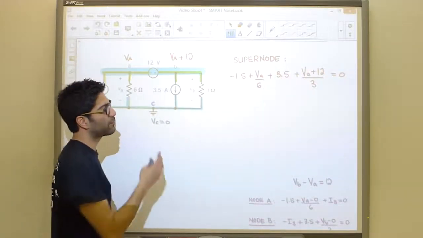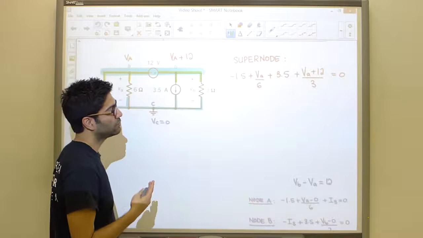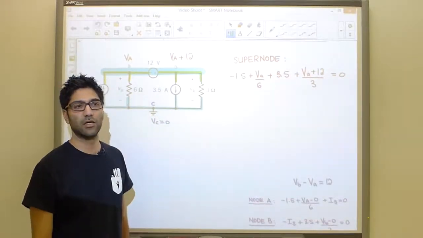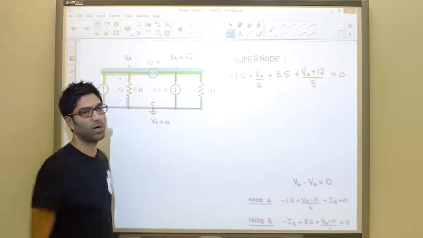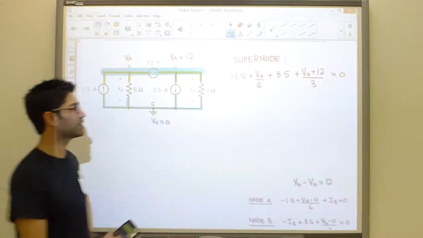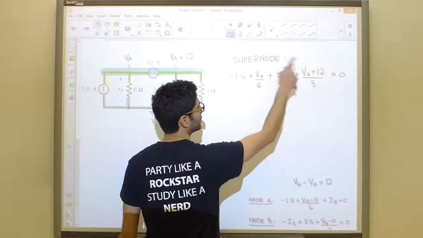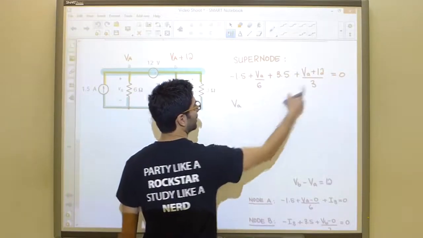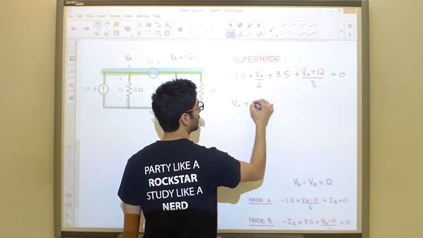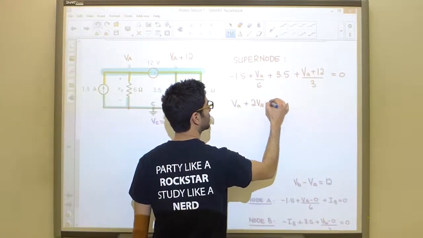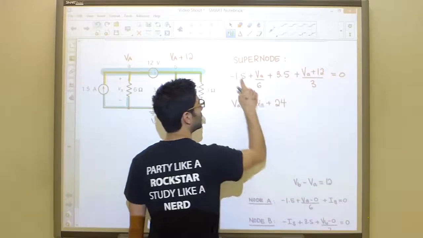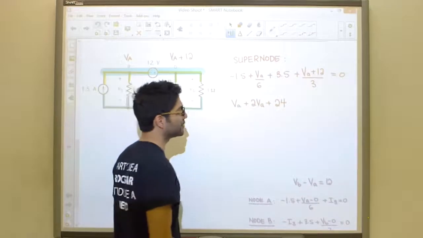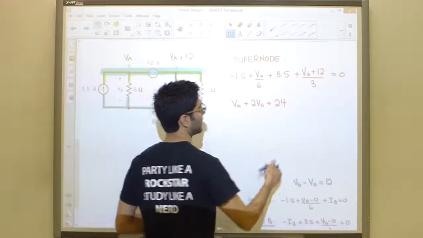So in order to solve this problem, we're going to start by multiplying everything out by 6. Let's start by multiplying each one of our terms by 6. That'll simplify things. I'm also going to take these constants to the other side. If I multiply this by 6, I get VA. Multiplying this term by 6 is going to give me another 2VA plus 24. 3.5 minus 1.5 is 2, and 2 multiplied by 6 is 12.